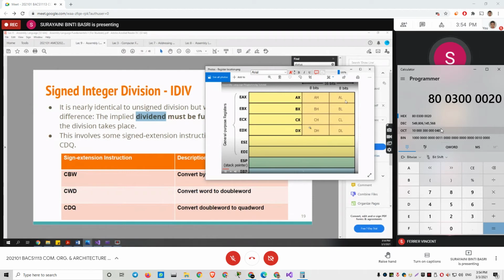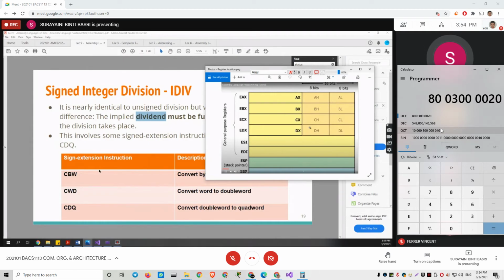But when the value in your dividend is only up until 8 bits, you need to fully extend your dividend until it reaches 16 bit, based on the sign of your dividend. If your dividend is positive, then you need to put a 0, and when your dividend is negative, you need to put 1.